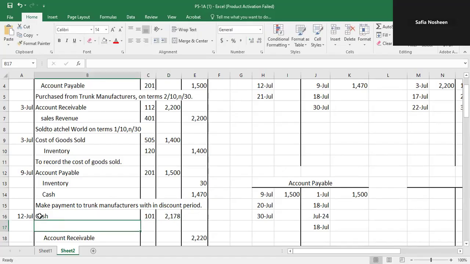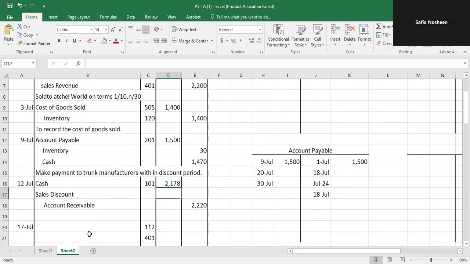And the difference is the sales discount. So sales discount is the opposite of sales revenue, and this is going to decrease our revenue. That's why a decrease in revenue is recorded on the debit side. So sales discount will always be recorded on the debit side. This can be called the contra sales account.